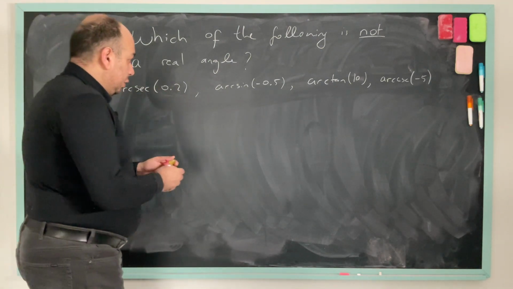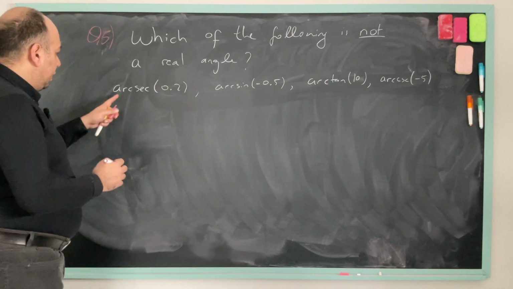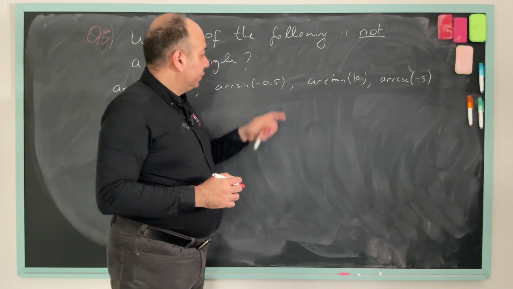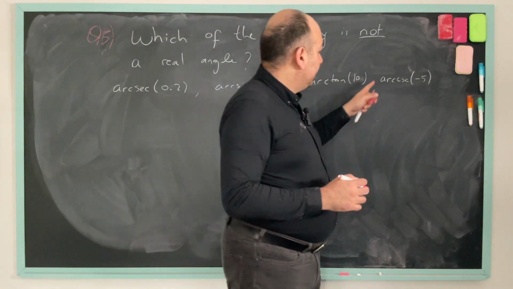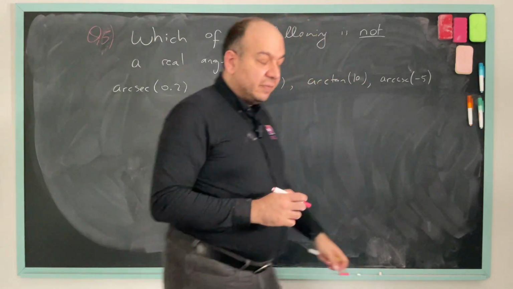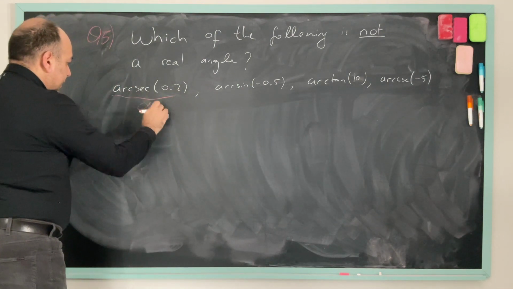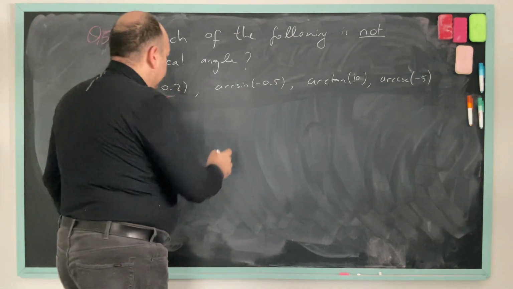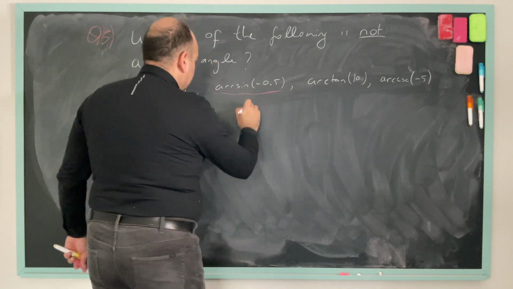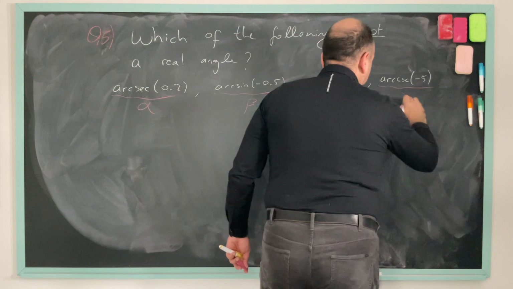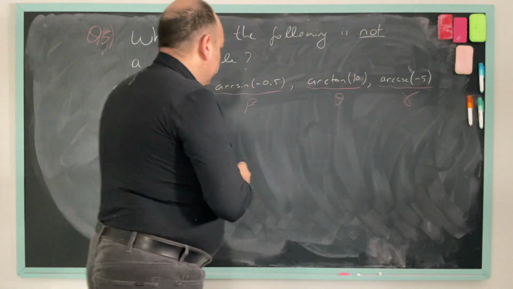Okay. So first of all, we have arcsecant 0.2, arcsine minus 0.5, arctangent 10, arccosecant minus 5. So let's define each of these, give some names for each of these angles: alpha, beta, theta, and say gamma. Okay.